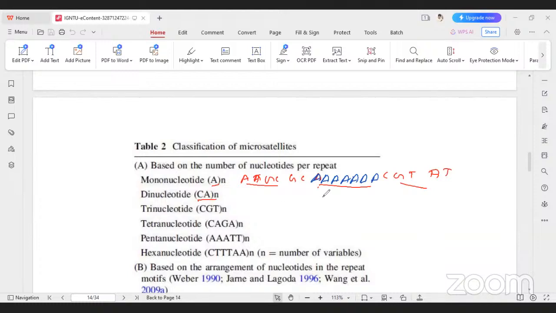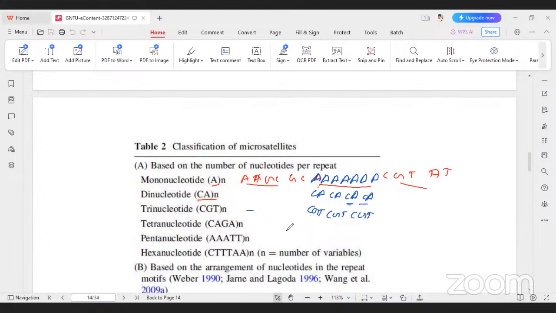Next, the dinucleotide sequence: CA, CA, CA, CA, like that. Trinucleotide, common CGT, repeated CGT, repeated CGT.